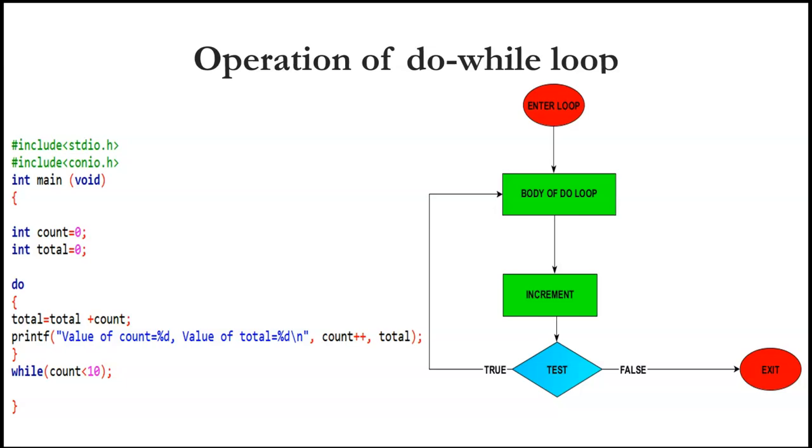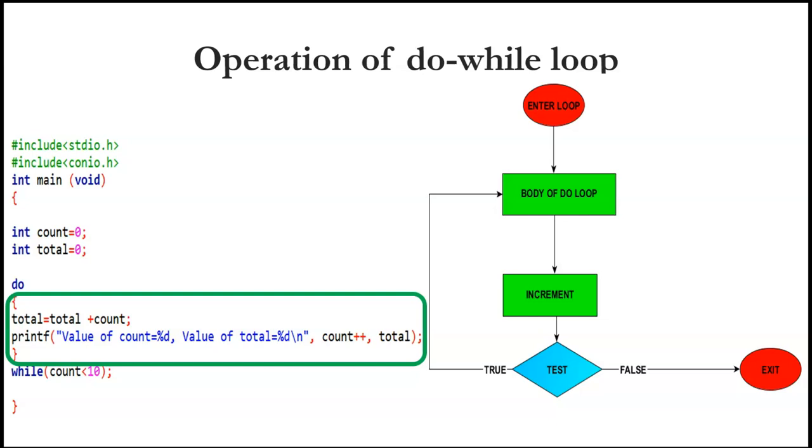Now here is the do loop.c program, and let's see how this program fits into this flow chart. So this do keyword signals the start of the loop, or in other words, you enter the loop once you encounter the do keyword. Okay, next we have the body of the do loop.